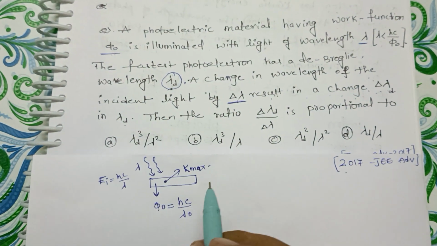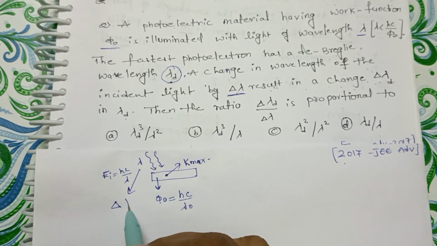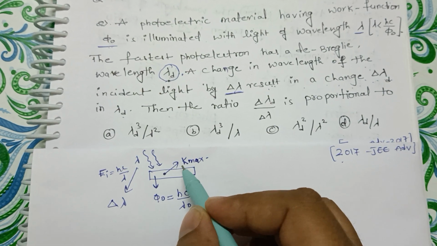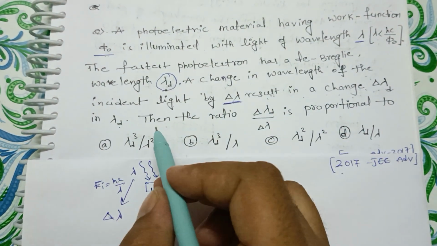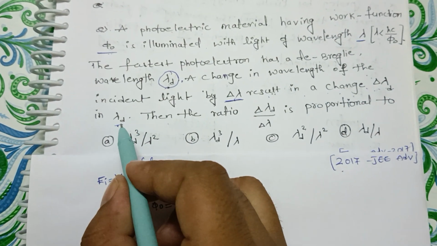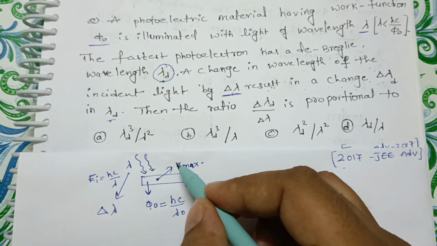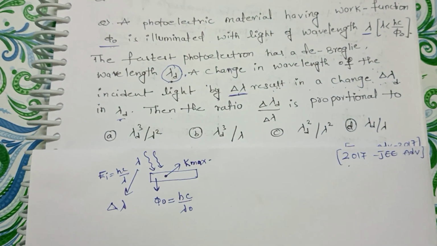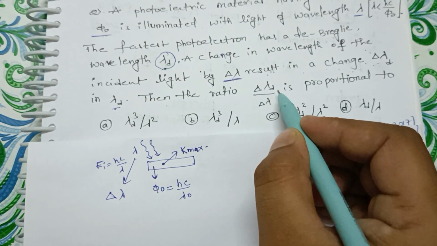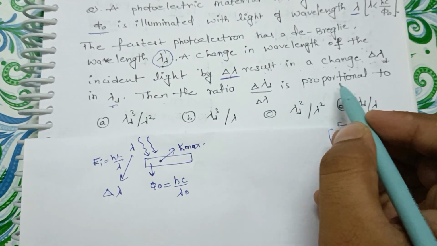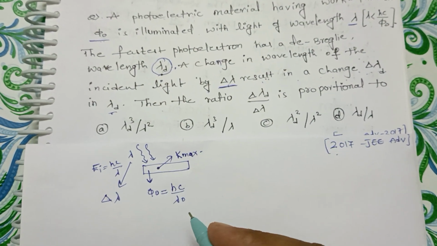He is saying that if there is a change in wavelength of the incident light, delta lambda, there will be a change delta lambda d in lambda d, which is the wavelength of the emitted photoelectron. Then he is asking the ratio delta lambda d by delta lambda is proportional to which of the options. A very interesting question, so try to understand it.